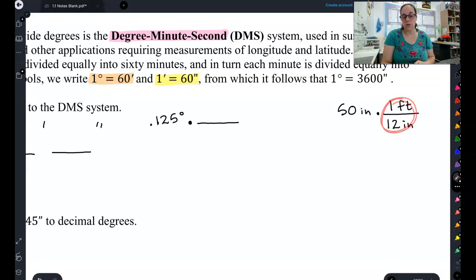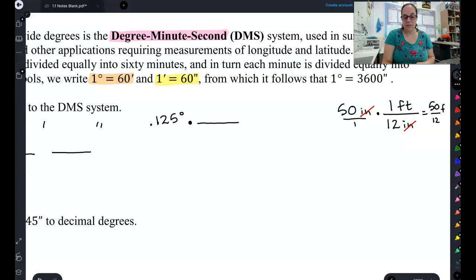So in this case, we're multiplying by that complicated 1. And the reason we do it this way is because now I have inches on top and inches on bottom. They cancel each other out. And now the only thing I'm left with is feet. So I put that 50 over its secret 1, and I just multiply across. 50 times 1 gives me 50. 1 times 12 gives me 12 in the denominator.